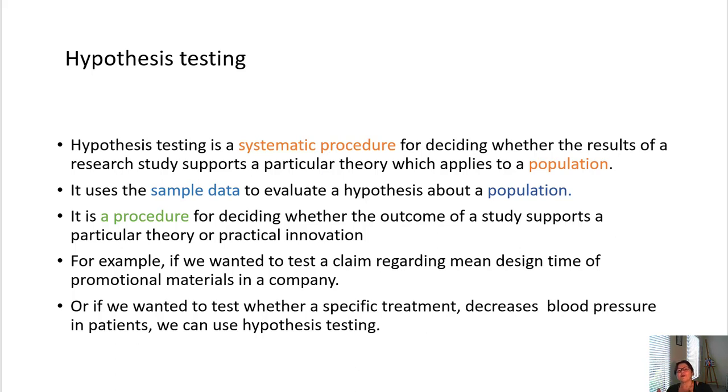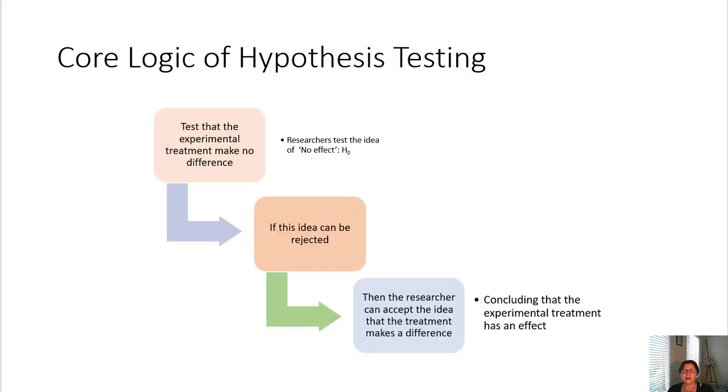With this coronavirus situation, if we want to test whether the proportion of people without the disease in a specific city is less than the proportion of diseased people in another place, we can use hypothesis testing to formally test this hypothesis.